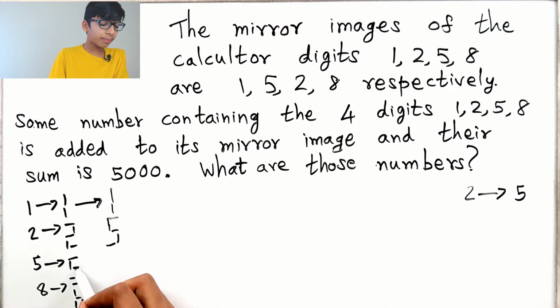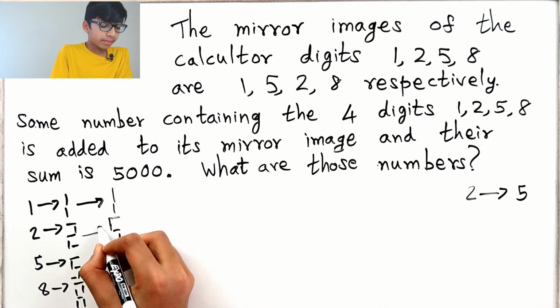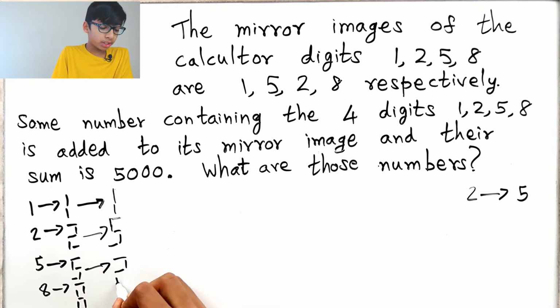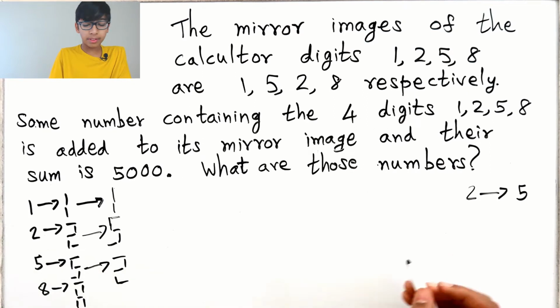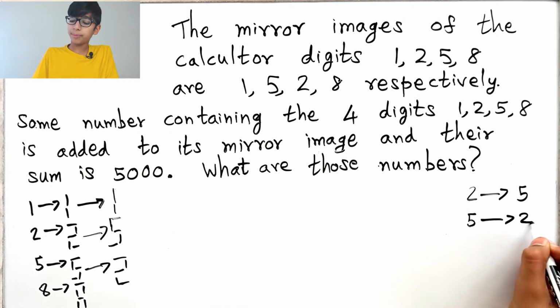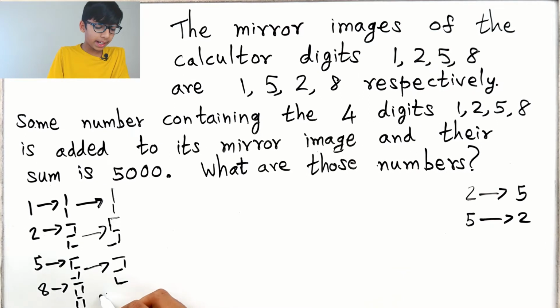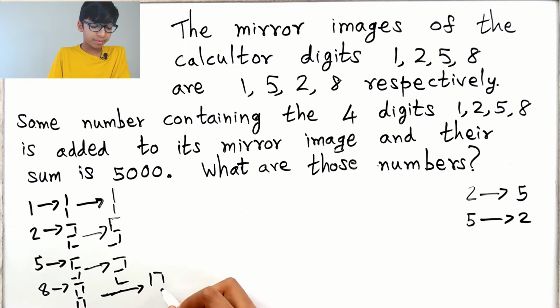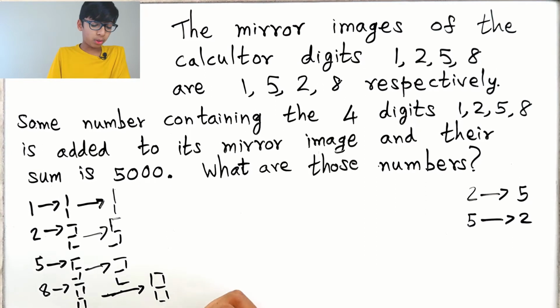And 5, if we mirror it, would look like 2. So that means 5 would be 2. If we mirror 8, well, 8 will just look like plain old 8.